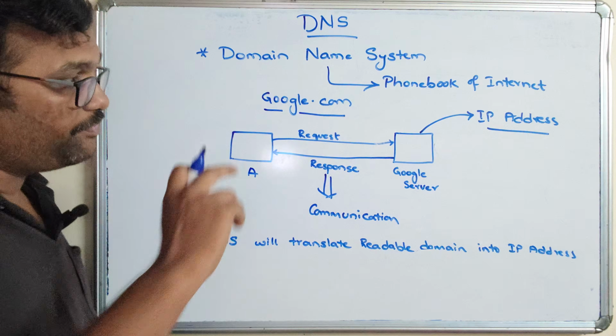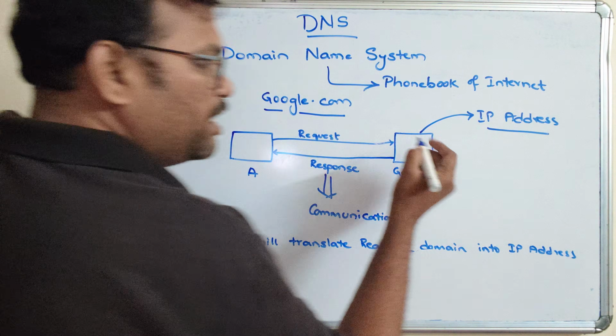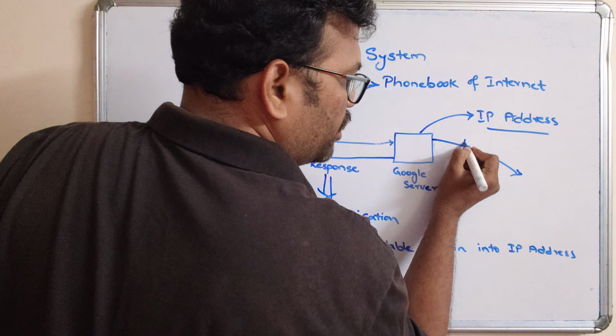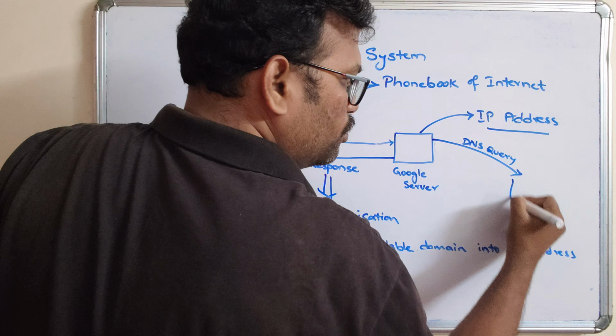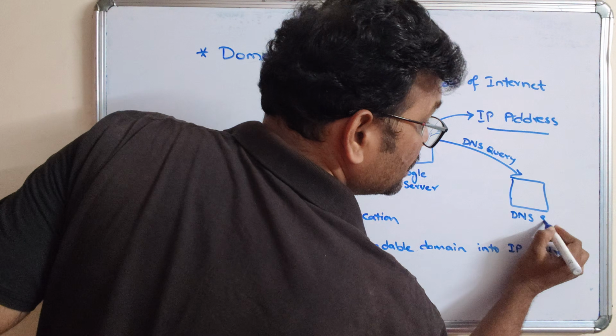That means whenever we send a request to the Google server, immediately a query, which we call a DNS query, is sent to one more system called the DNS server.